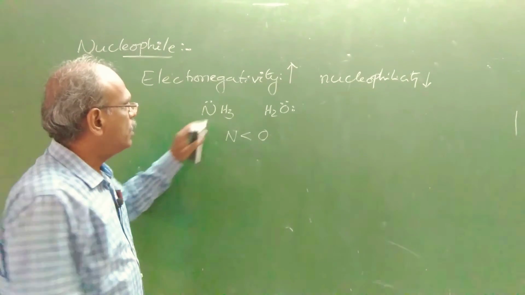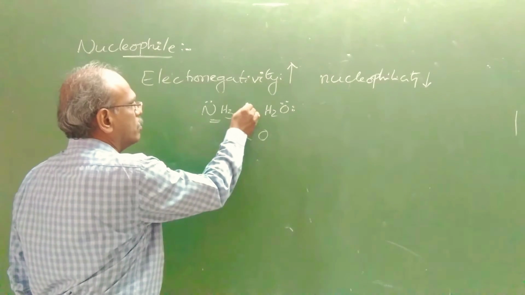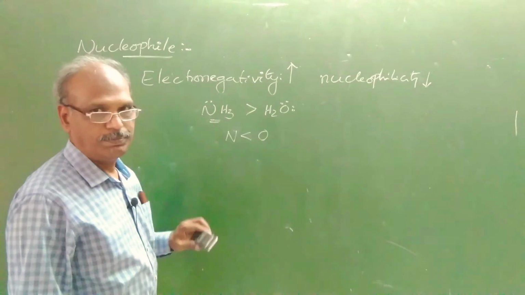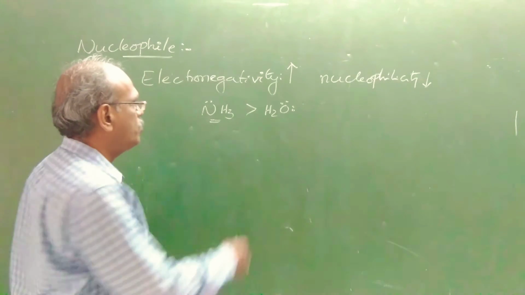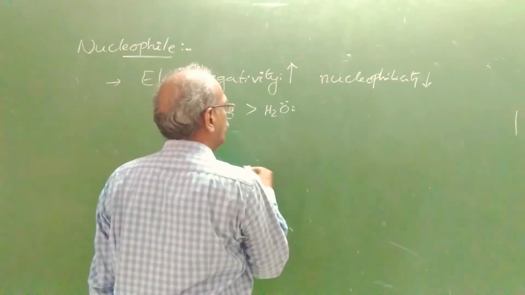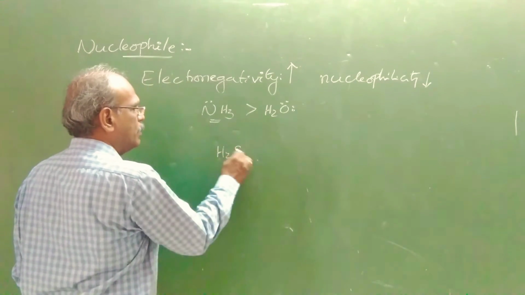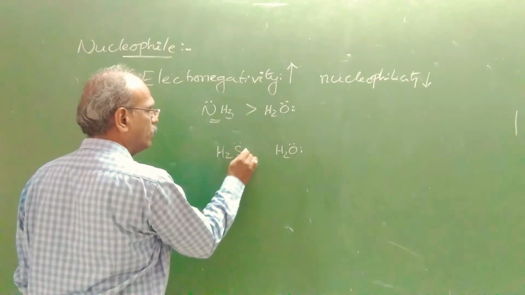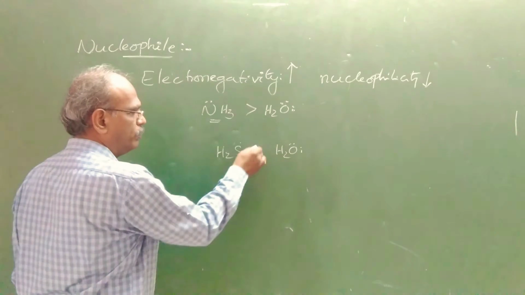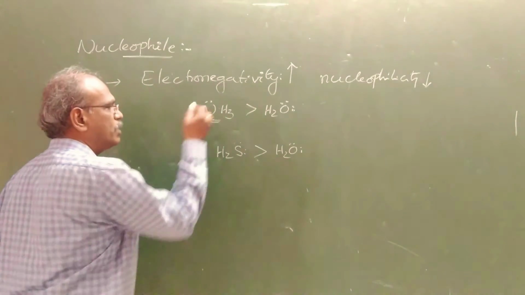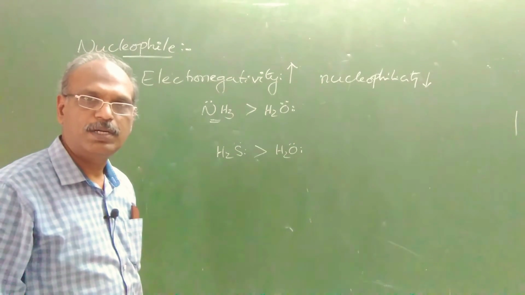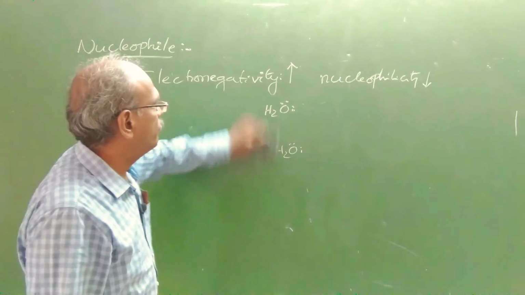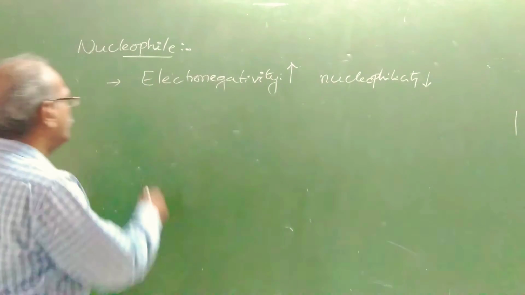So NH3 is a stronger nucleophile than water. Okay. Similarly, if you compare H2O and H2S, which is better nucleophile, sulfur. If you compare H2S and NH3, which is better, H2S. Like that you can compare the nucleophilicity.